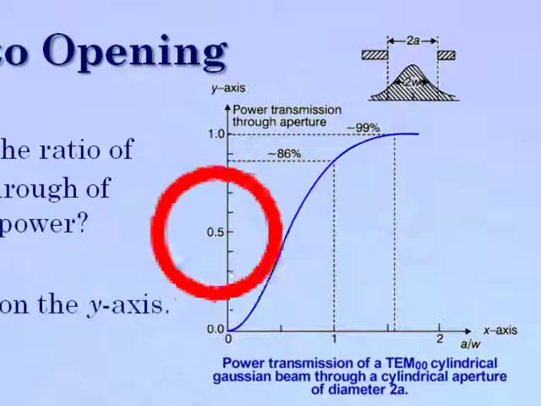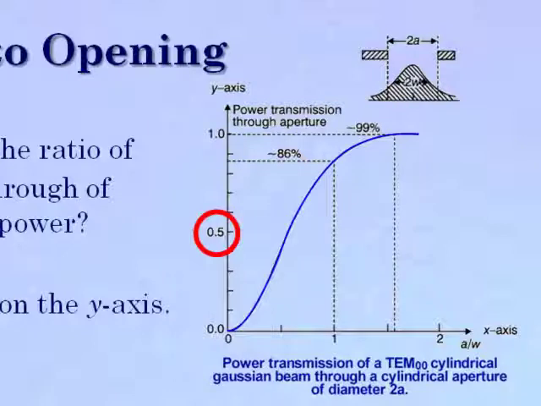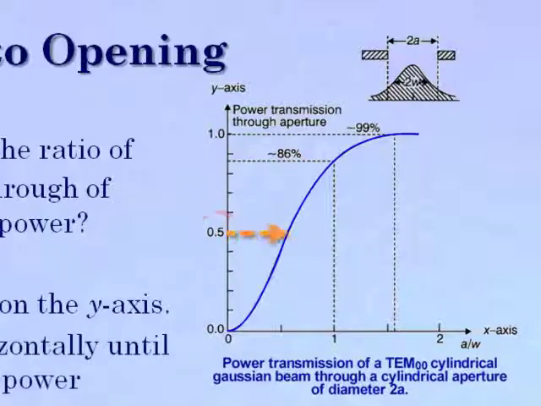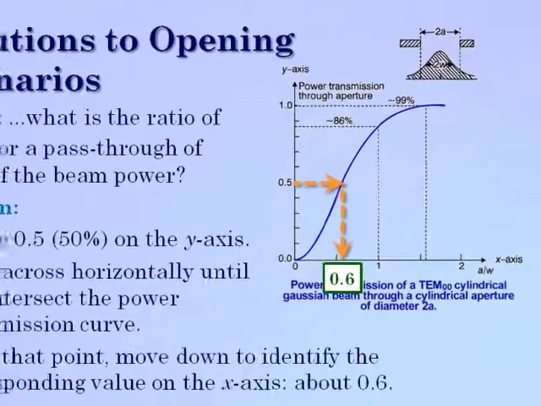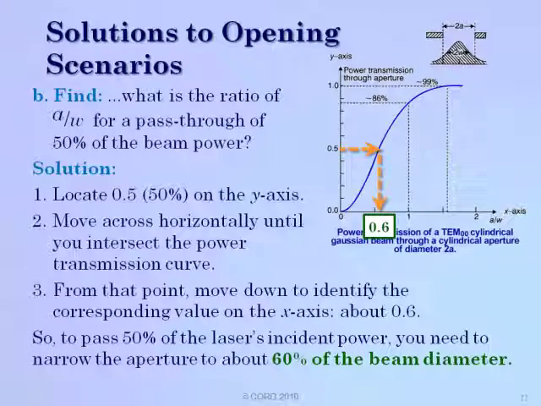Well, to find that, we need to find the 50% mark on the y-axis, and we'll move across horizontally until we intersect the curve, and then move down to read the value on the x-axis of about 0.6. So 50% of the laser's incident power will pass through when the aperture is about 60% of the beam diameter. Isn't that interesting? Instead of being 50%, it's about 60%.